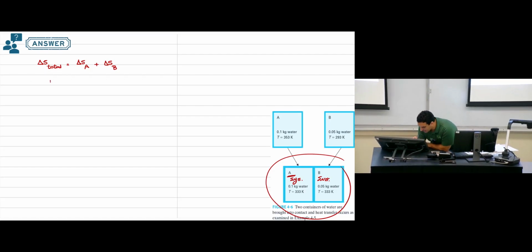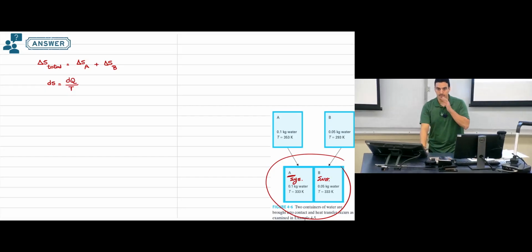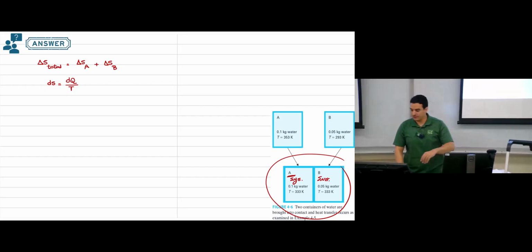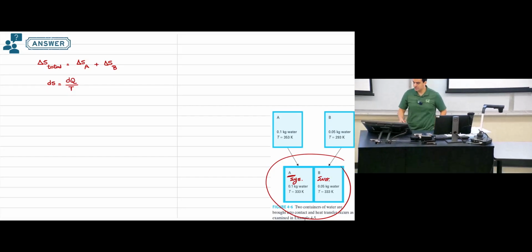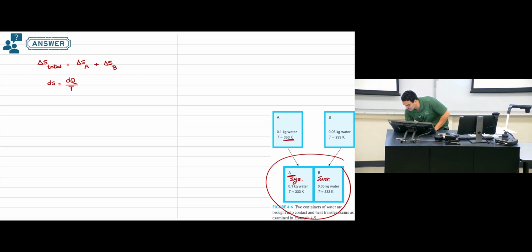So again, dS is dq over T. This is the equation we have. Here we have exchange of heat between the two vessels. Temperature is not constant in any one of them. The first vessel starts at 353, ends at 333. The second one starts at 293. So here the final temperature is 333.